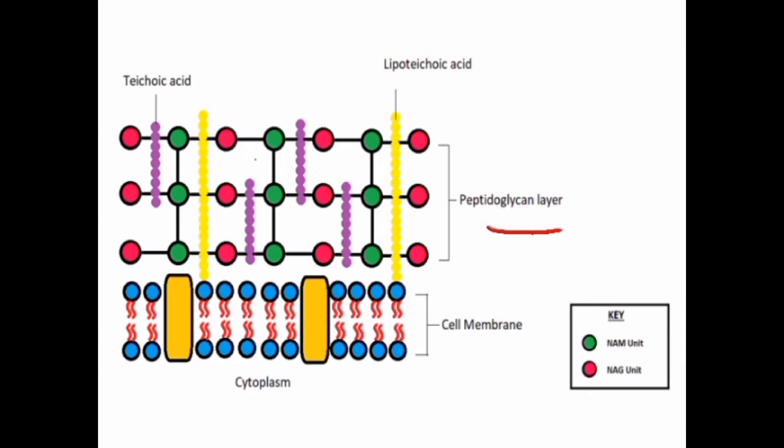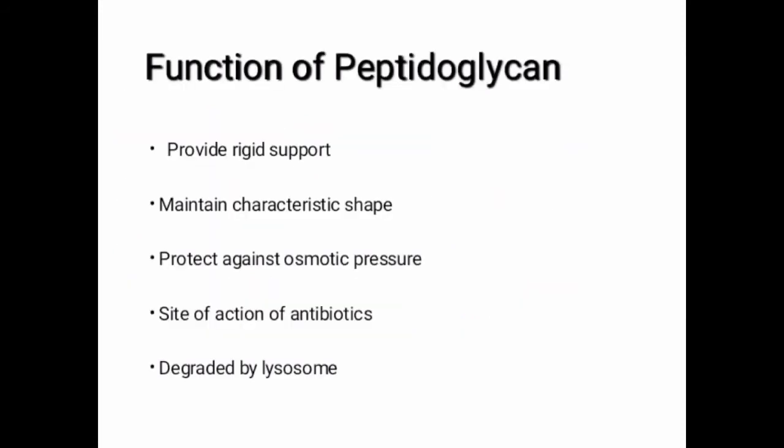Peptidoglycan is also called murein or mucopeptide. This structure is 2D, while the real peptidoglycan surrounds the entire cell in a 3D structure. One thing you should keep in mind is that peptidoglycan is only present in bacterial cell walls.